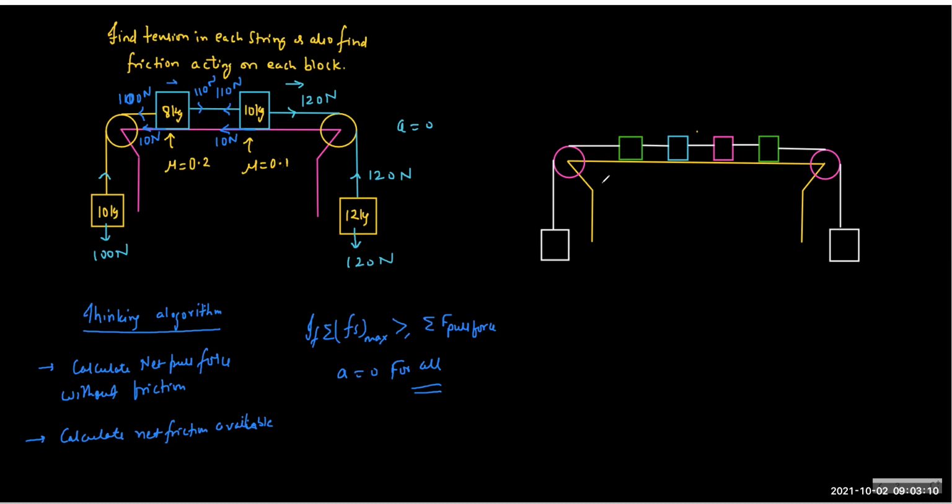So I'm just writing the frictional values: 0.1, 0.2, 0.2, 0.3, something random. And let's say the masses are 4 kg, and then this is 2 kg, 6 kg, 10 kg, just random, any value.